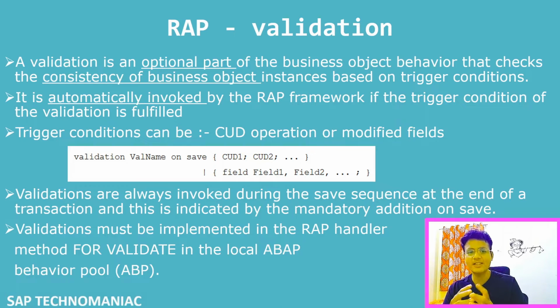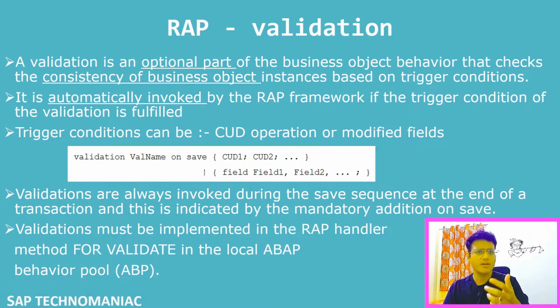So these kinds of validation we have to put in our business object, and these validations will be automatically invoked by the business object framework on particular trigger conditions. The trigger condition can be defined when we define the validation, based on when this particular validation should trigger. It should trigger on create, on update or on delete.